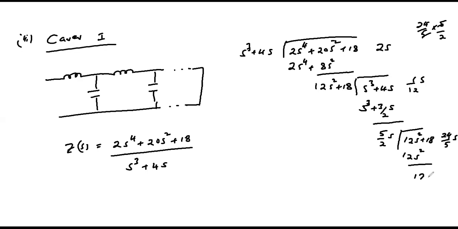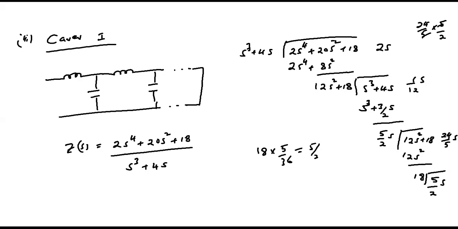The difference is 18. We divide this into 5 over 2S. We want to get 5 over 2S from 18, so I multiply by 5 over 36S to get 5 over 2S.